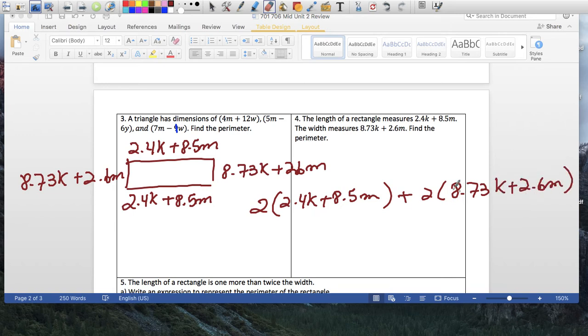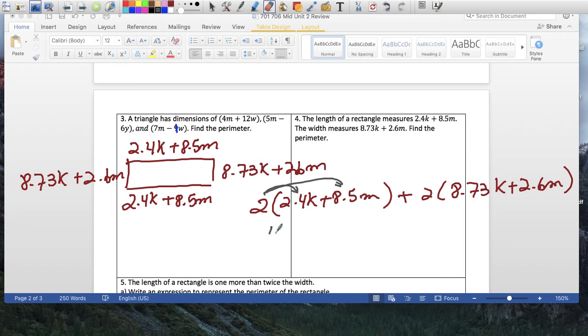If you don't want to do it this way, you can write down 2.4k plus 8.5m plus 2.4k plus 8.5m plus 8.73k plus 2.6m, and again plus 8.73k plus 2.6m, that's completely fine as well. So the choice is yours.